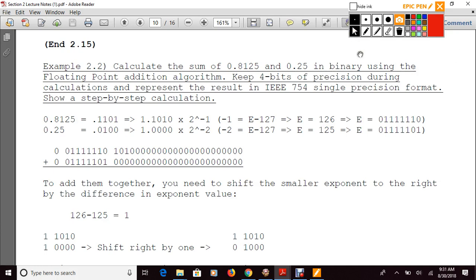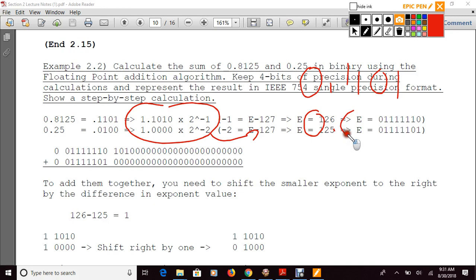So here is where the concept question is, right? What's actually going on is you have 0.1101, right? And 0.0100. Now let me turn this to green so I can clarify.